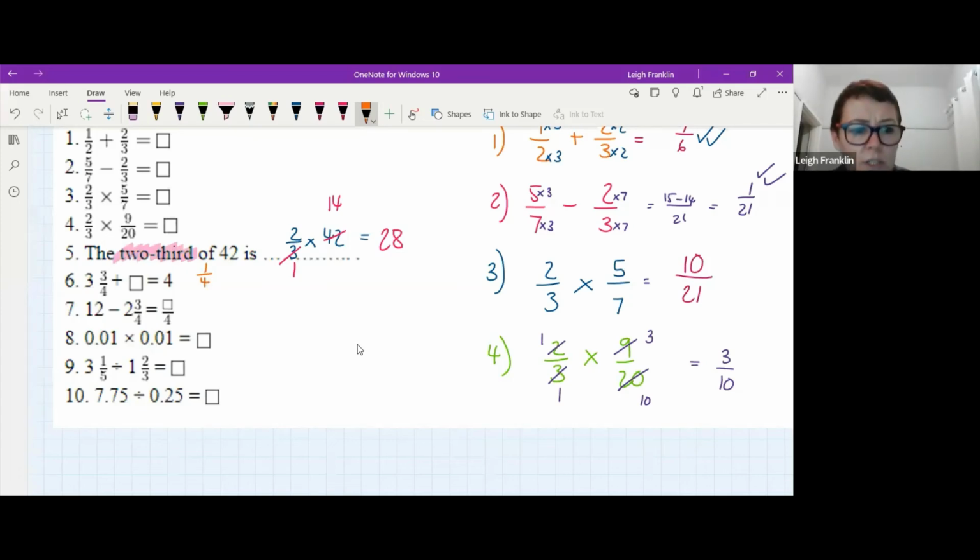Of course, if we didn't know how to do that, what's the other way that we could have done this? You tell me, Rolivua. What could you have done to 4 to work out what was in the block? You would subtract 3 3/4 from 4. Quite right. Absolutely. All right. Very good. Wasn't completely necessary, but there we go.